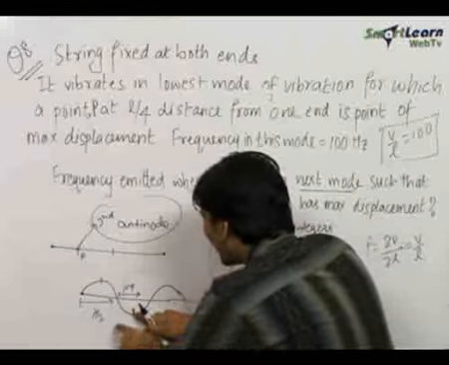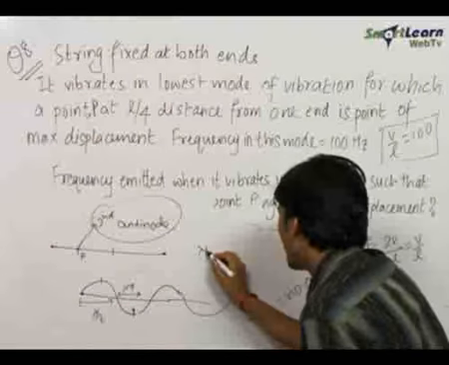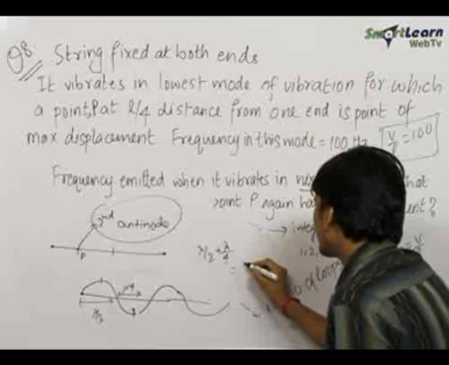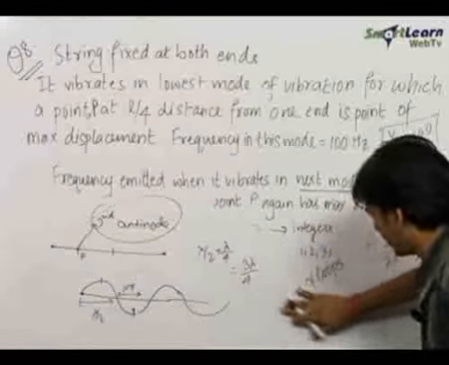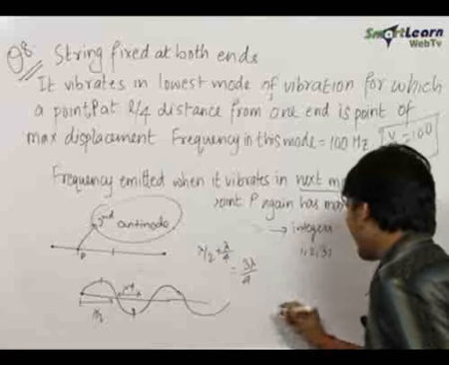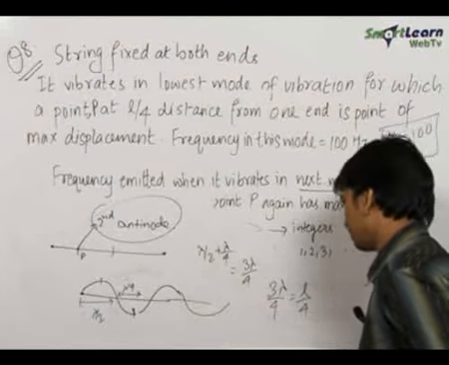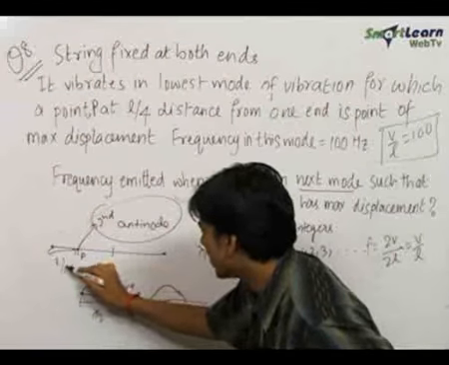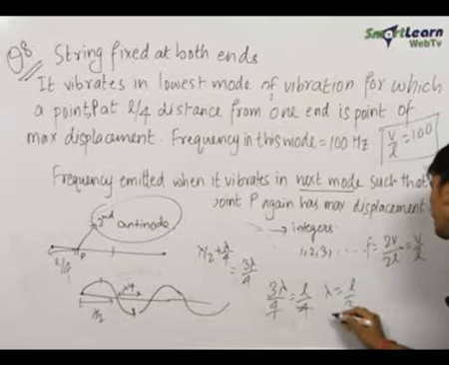Therefore the distance of the second antinode from this end point is lambda by 2 plus lambda by 4, that is equal to 3 lambda by 4. Therefore we now know that for the second case, 3 lambda by 4 is equal to L by 4, because we know that the second antinode is at a distance of L by 4 from this end point. Therefore lambda is equal to L upon 3.